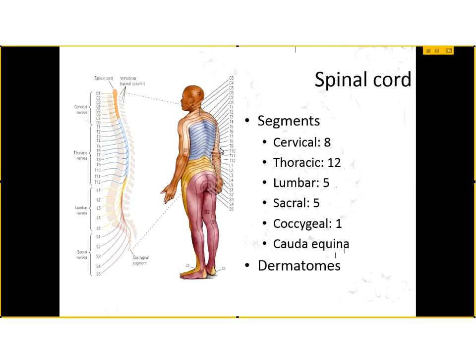What's important to recognize is that as you move down the spinal cord, we're processing sensory and motor information from one strip or one ribbon of skin or area of the body.